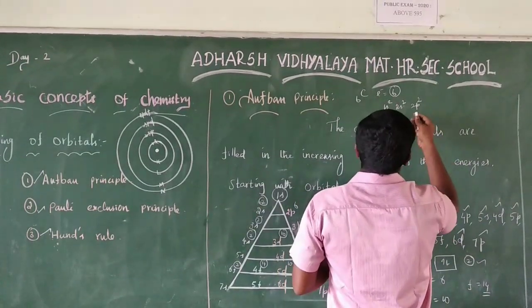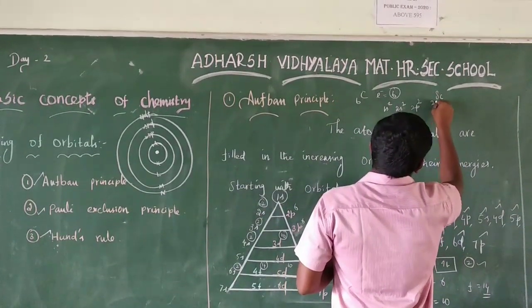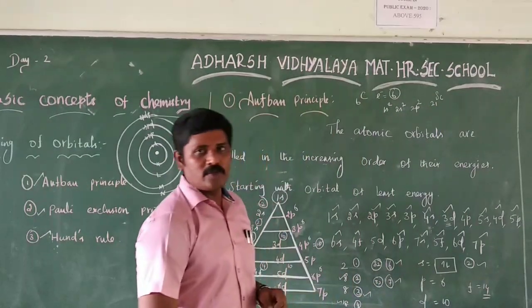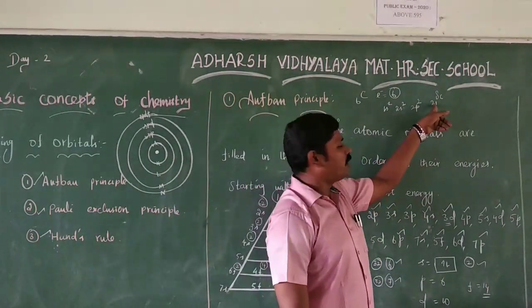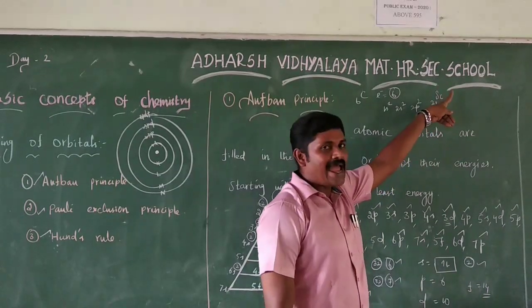Now another example, scandium or titanium, anyone. Scandium 21. 21 protons and 21 electrons are found in the scandium atom.